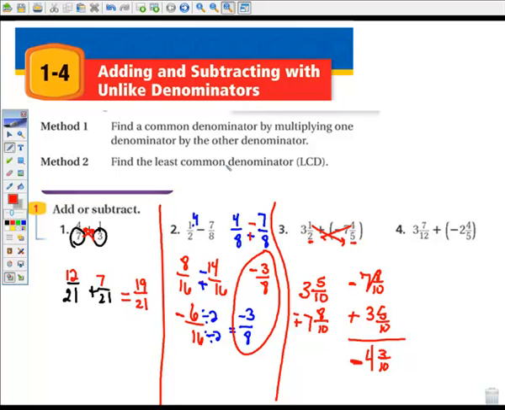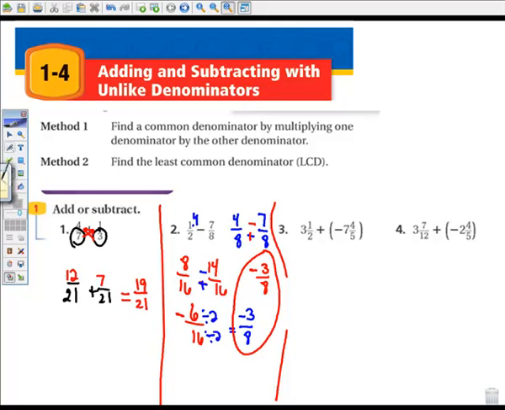Now, again, if I did method 2, 2 and 5, their least common denominator is 10. Because I don't have room on here, I'm going to erase what I have and do the other method I spoke about and make both of these improper.